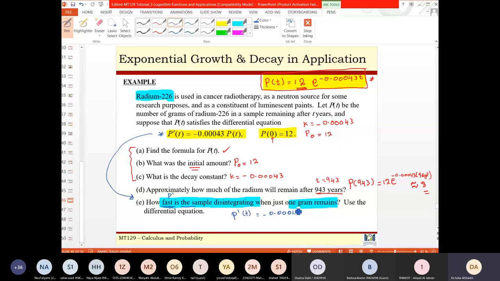So the P dash, the speed when just 1 gram remains, is minus 0.00043, and this answers part E of the question. Okay, P is the grams, T is the time, and fast means P dash, the derivative.